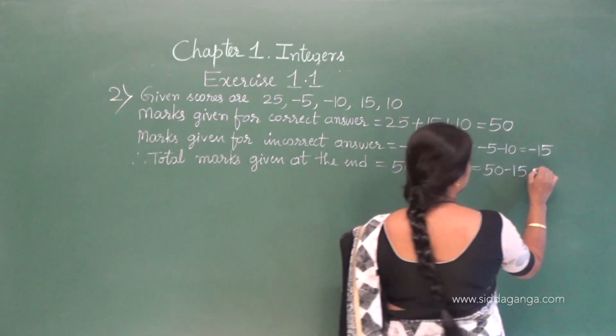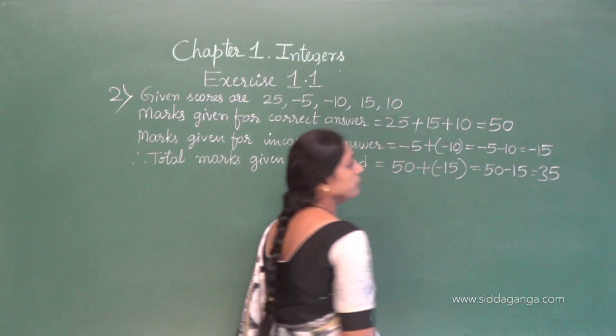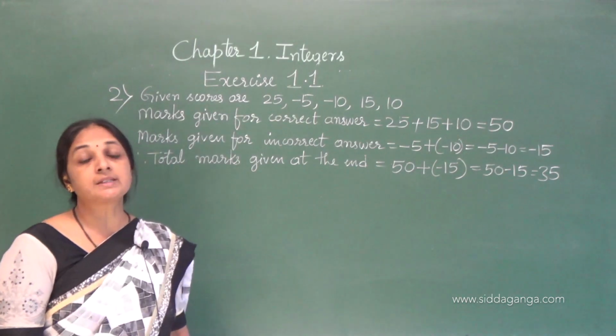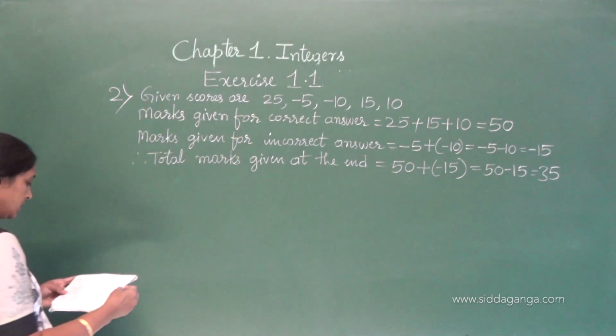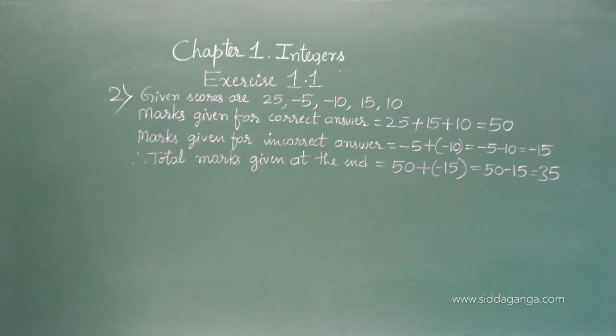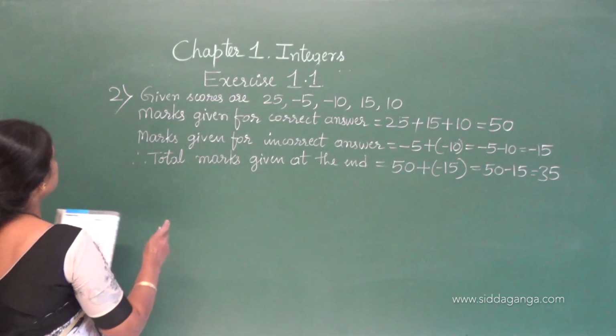We have to subtract here, we get 35. The total marks scored at the end of the quiz is 35 marks. Okay. Let's move to the third one.